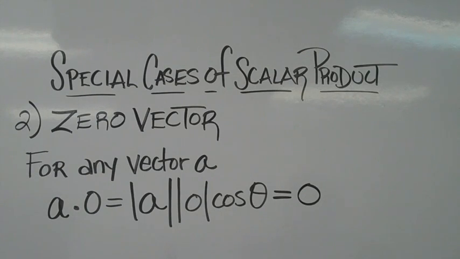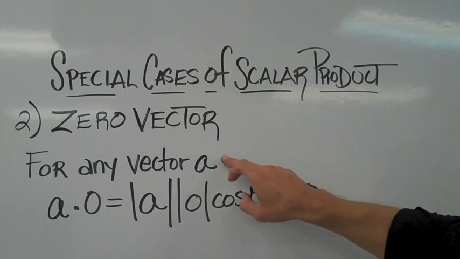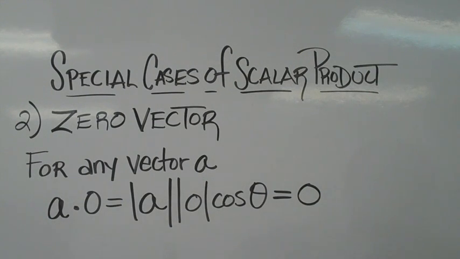Our second special case of a scalar product is the 0 vector. For any vector A times a 0 vector would give you the magnitude of A times the magnitude of 0 times cosine theta, which is also equal to 0. We saw that with perpendicular vectors as well.